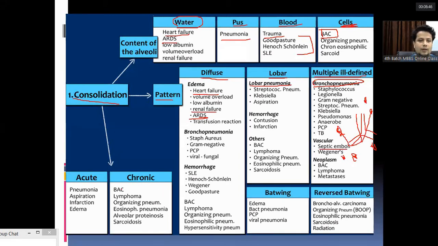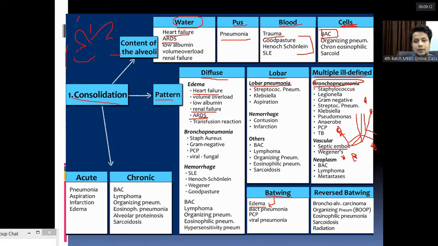If it is a bat wing pattern, the consolidation is around the hila, forming a bat wing like appearance. If it is around the hila and the peripheral parts are spared, then you should remember that it is usually due to pulmonary edema or heart failure. Heart failure leading to pulmonary edema gives a bat wing opacity.